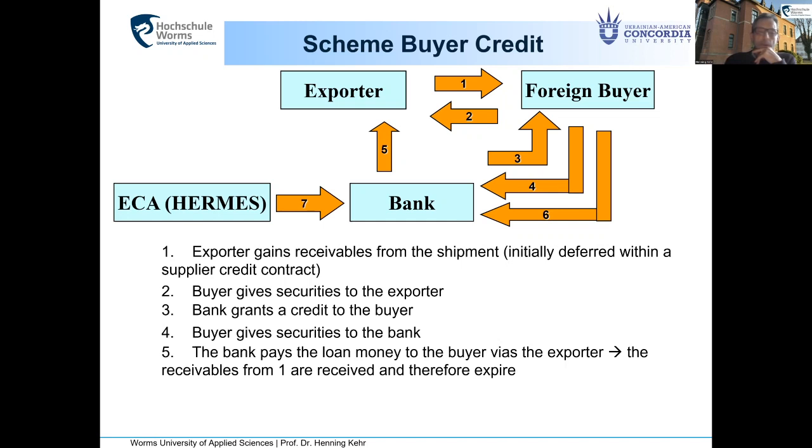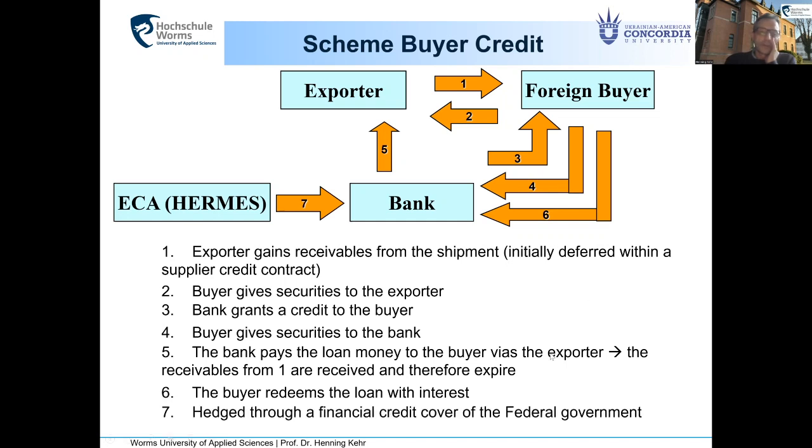And now the bank pays the whole amount in step 5, arrow 5, to the exporter. So the exporter also in that case receives the whole amount, and the foreign buyer redeems the loan with the interest. That the bank will do that.